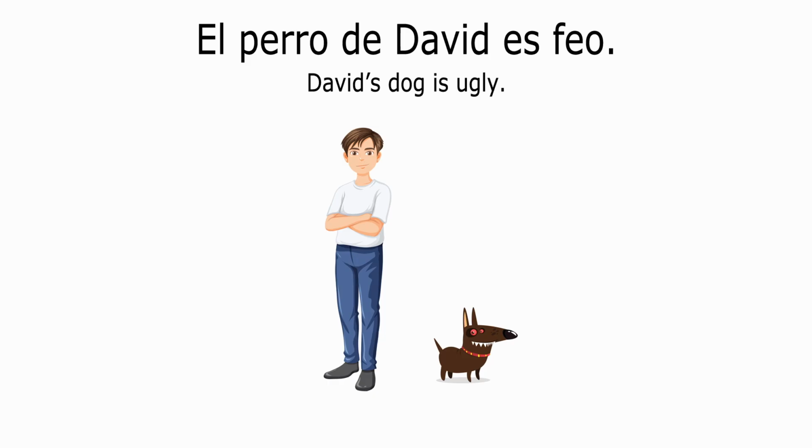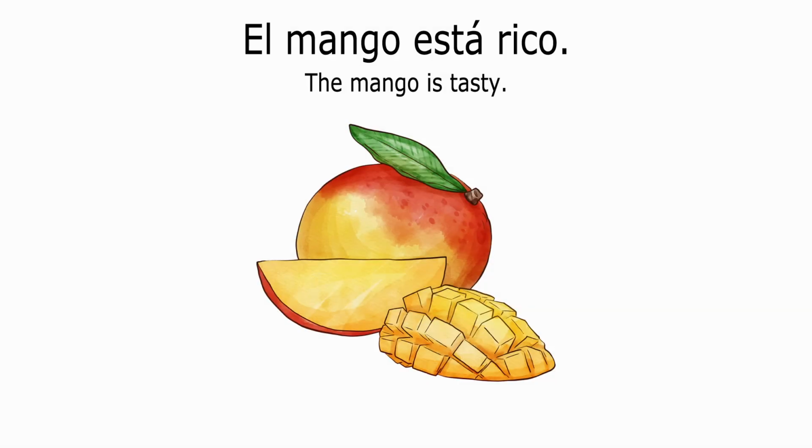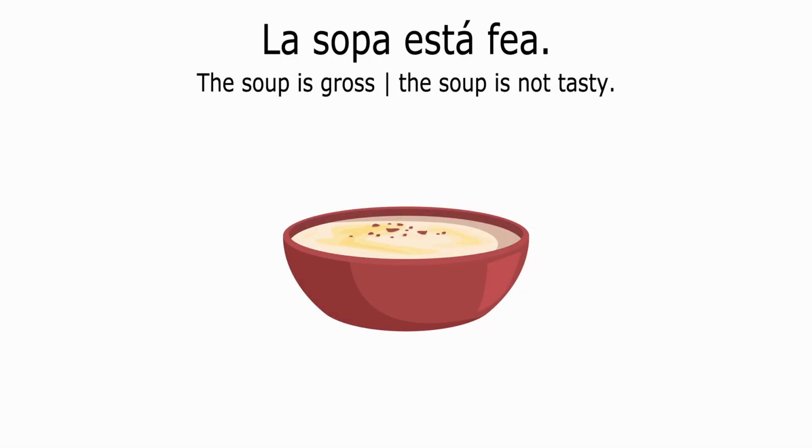El perro de David es feo. David's dog is ugly. El mango está rico. The mango is tasty. La sopa está fea. The soup is gross, or the soup is not tasty.